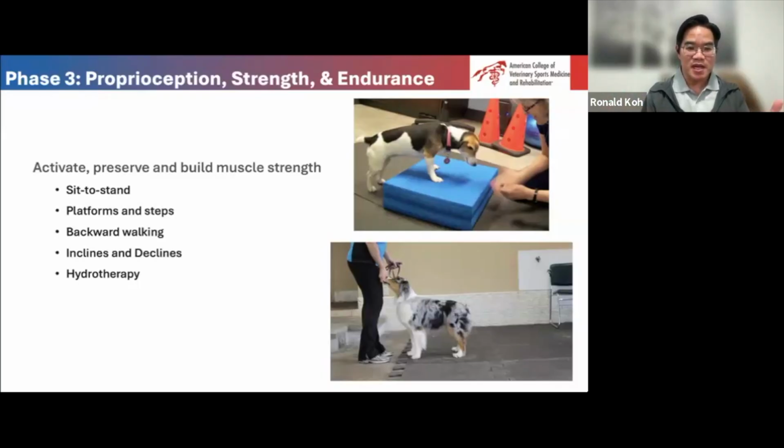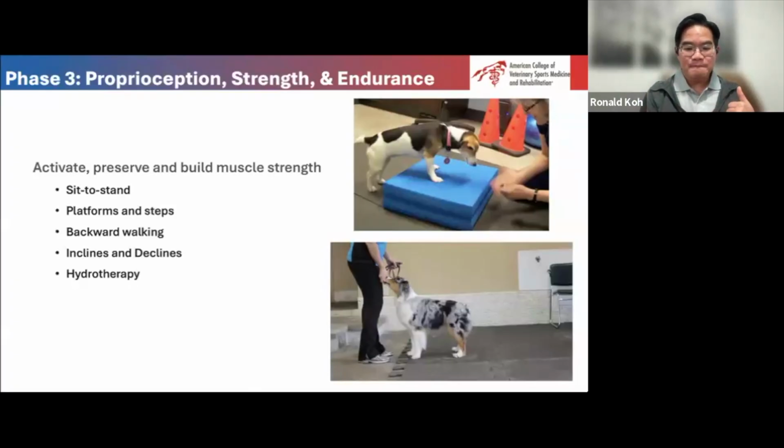You need to train them to shift that body weight backwards so that they start to use the hind limb more in order to stand up and walk as well. Okay, so those are important exercises. Walking backwards has the same effect. When the dog walks backwards, they're shifting the body weight backwards to the hind limb. Okay, incline, decline, or even hydrotherapy.